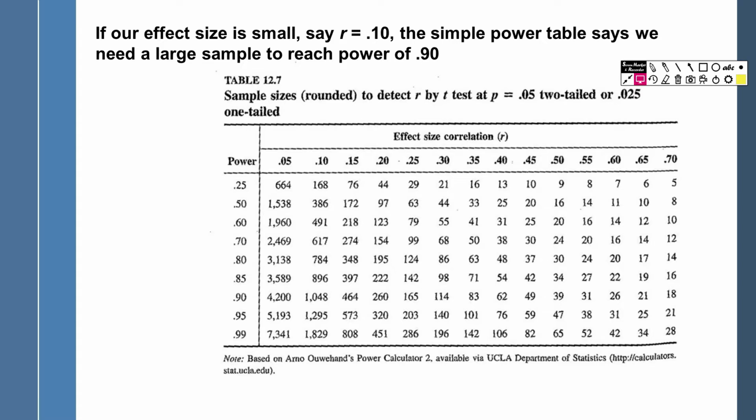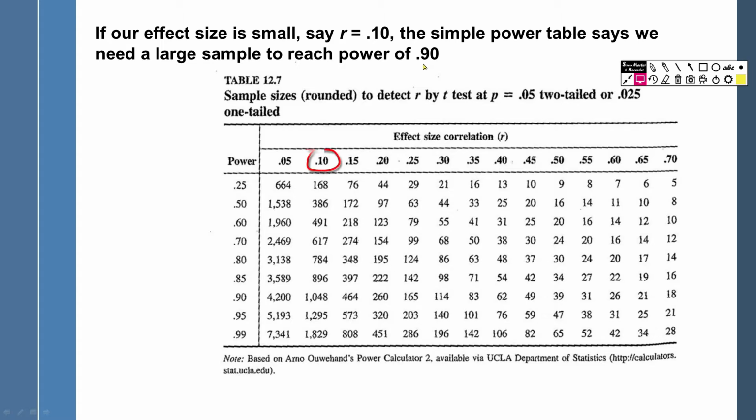But just a table like this from Rosenthal and Rosnow's textbook, Essentials of Behavioral Science, is sufficient to make predictions with. So let's say we have a small effect size, that R equals 0.10, that we're anticipating in the study that we're planning, and we want to have 90% power because we want the study to work.